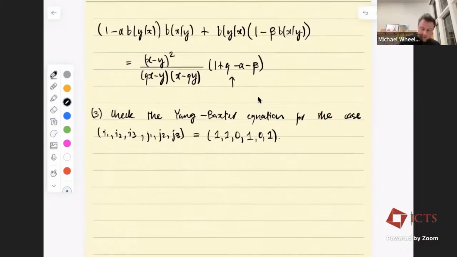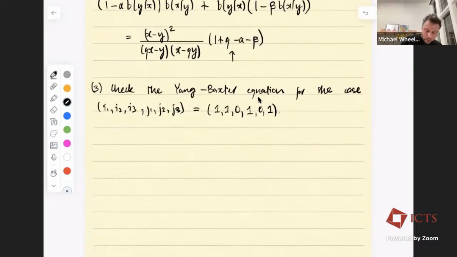Okay, so this is a situation where one side of the Yang-Baxter equation has just one term. So in this case, the left-hand side, which we denoted using this L, is going to look like this. So I'll have the following picture.